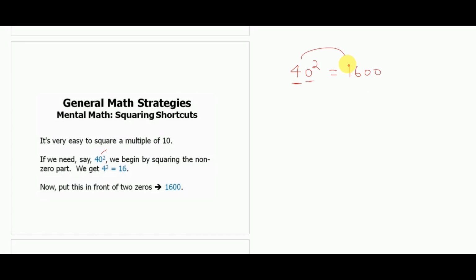And here you have the square of 40. Let's say if you were to find the square of 90, you'll take the non-zero part, which in this case is 9, you square it, which becomes 81, and you add 2 zeros in front of it, and you'll get 8100. So squaring multiples of 10 is pretty easy, pretty intuitive.